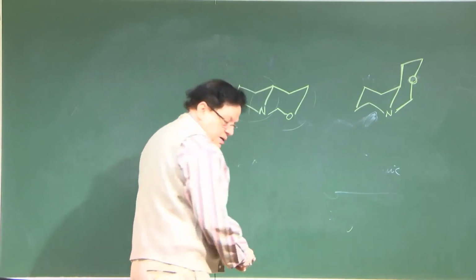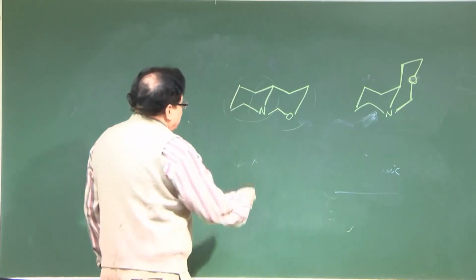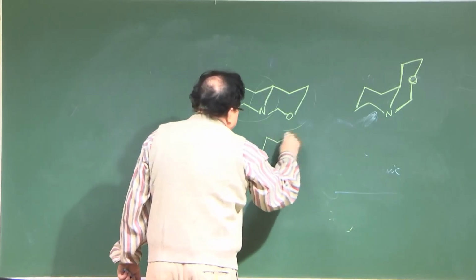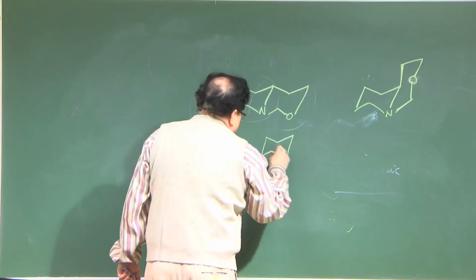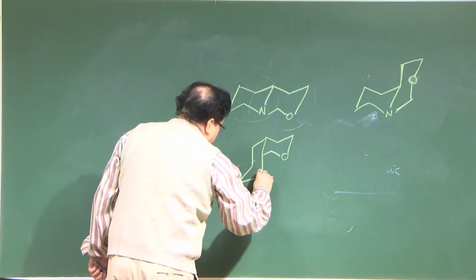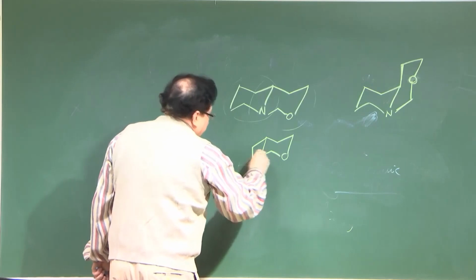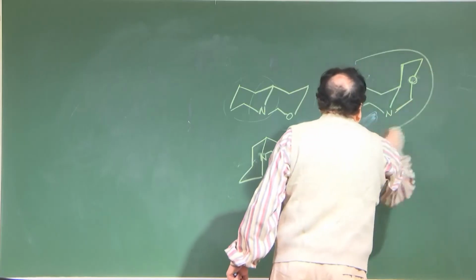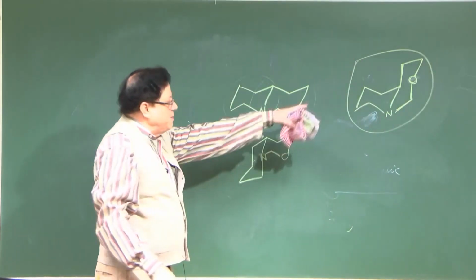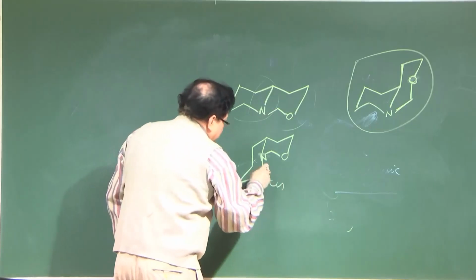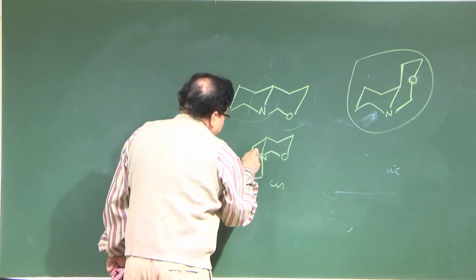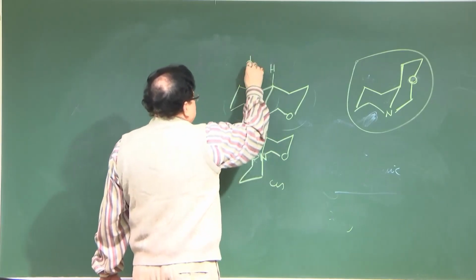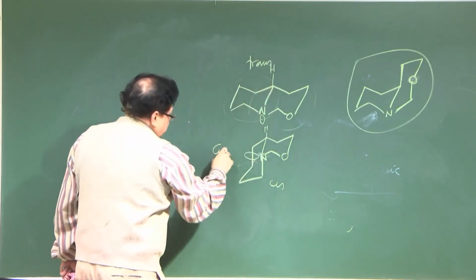The other way I can draw it is, rather than changing that, let us change this part. So, this is the nitrogen. Let us leave this here, this is also perfectly okay, but we draw another conformation which is the same as that. This is the cis, and because the lone pair is this and this is the hydrogen, here the lone pair and the hydrogen are trans. So, this is the trans system and this is the cis system.